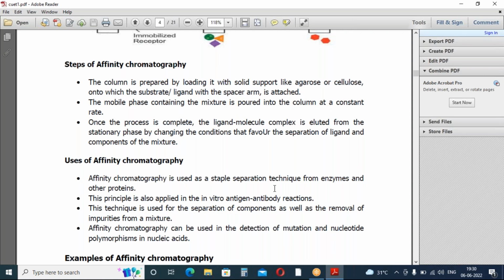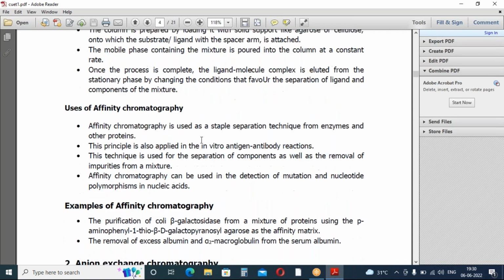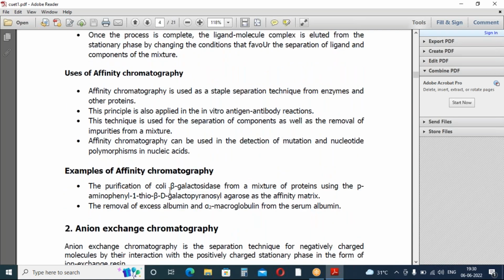Okay, and next coming to the examples of affinity chromatography. Mainly it is used for the purification of E. coli beta galactosidase, an enzyme present in a mixture of proteins, by using para aminophenyl 1 beta D galactopyranoside agarose.